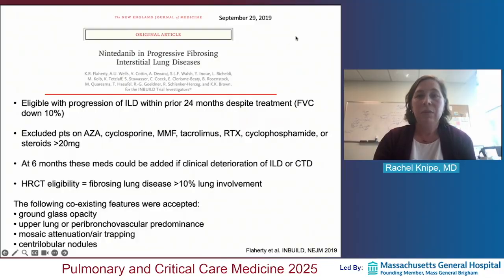But the biggest study really to change the treatment algorithm for patients with fibrotic HP was the INBUILD study, which was published several years ago now in the New England Journal of Medicine, which treated patients with progressive fibrosing interstitial lung disease with nintedanib. Patients with HP were included in this study.